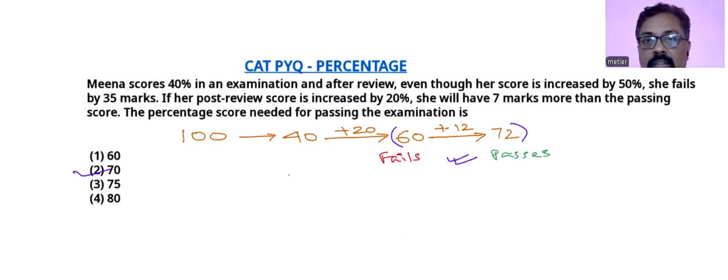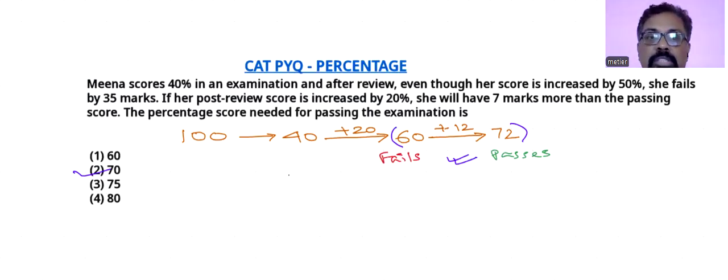Apart from this, there are two possibilities. The first possibility is that the options are not that suitable. There are more than one option in between 60 and 72, like 61, 61.5, 65, 70, all these values.